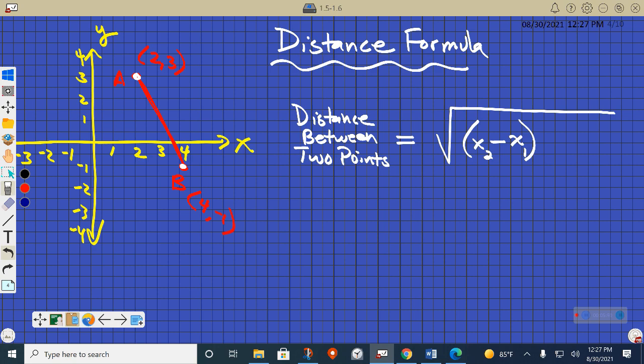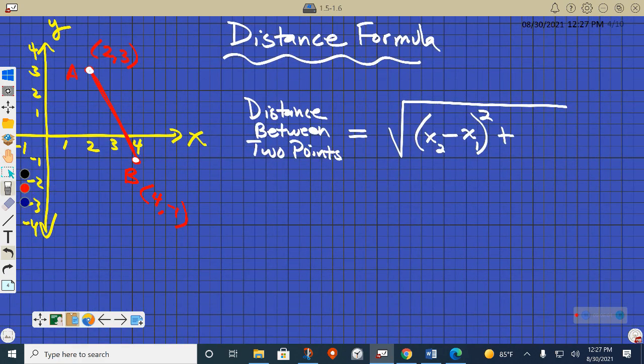Put that in parentheses, and then square that puppy. Take it to the second power. Plus y sub 2 minus y sub 1, take that to the second power. That's it. There's your formula.